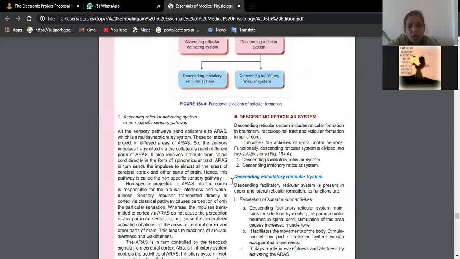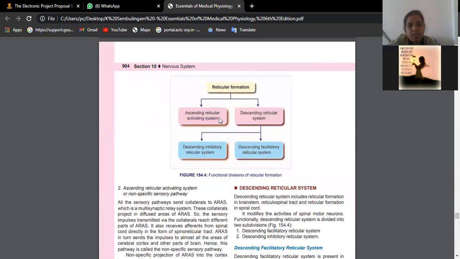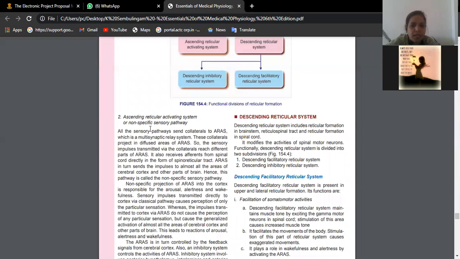Now when you talk about the reticular formation, the ascending reticular activating system, we are still with the ascending activating or non-specific sensory pathway. That means it has many connections with different parts of the brain. These collaterals project to different tracts.